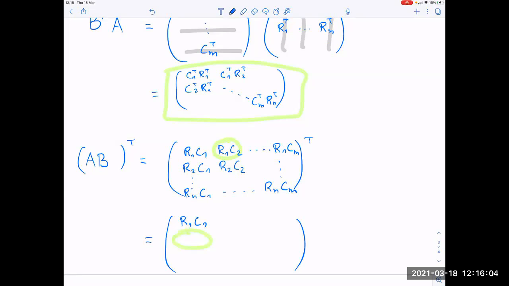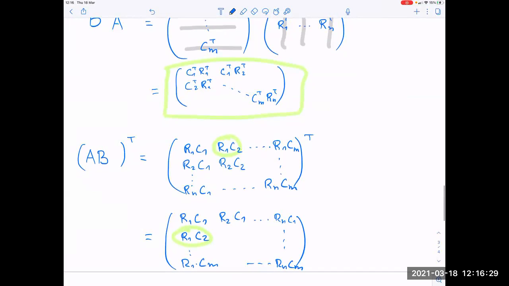So this is R1, C2. And here I will have R2, C1. All the way down, I will have then R1, Cm. And all the way down here, I will have Rn, C1. And in the corner, I will always keep Rn, Cm. Okay? Good.